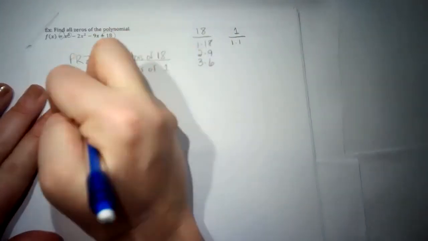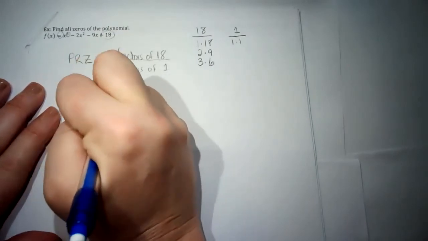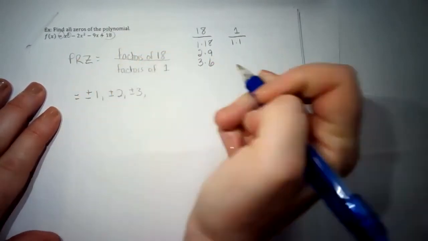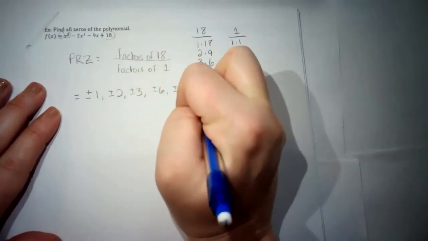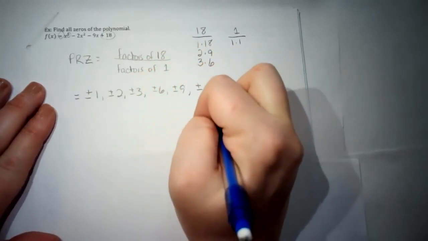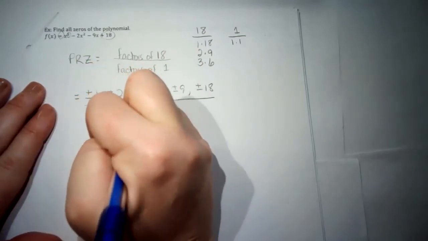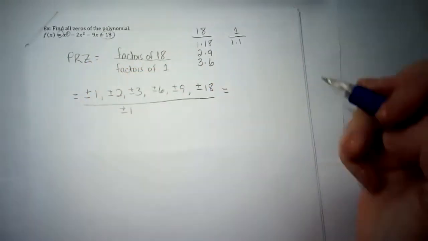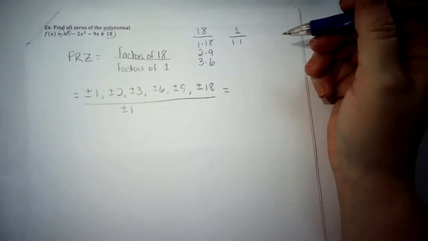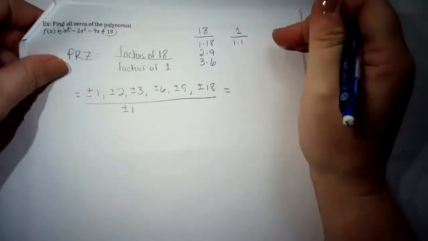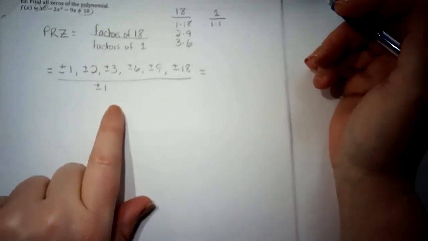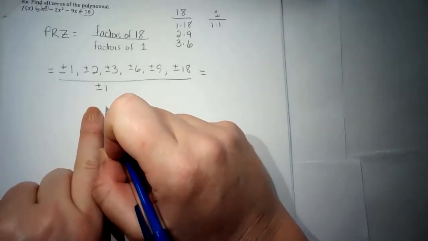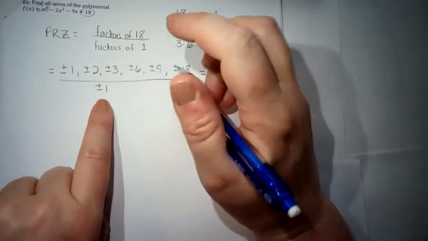So here we go. We're going to put all the factors of 18 in the top. And then we're going to put the factors of 1 in the bottom, and it's just 1. All right, now we're going to clean it up. It's always easier to clean up when you have a factor of 1 in the bottom because you really don't have to do anything.